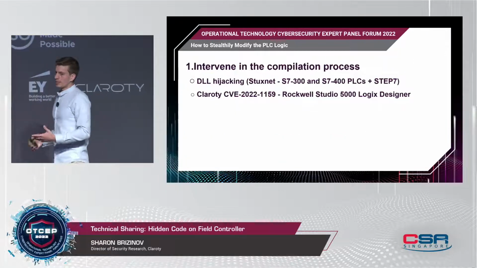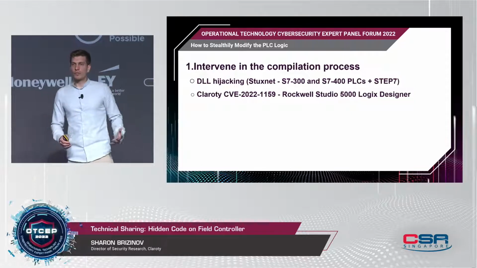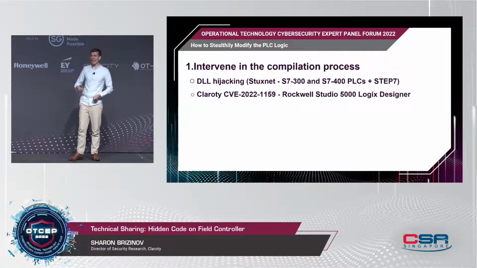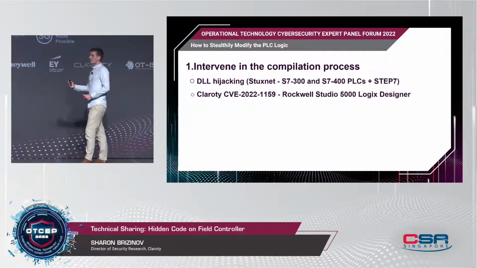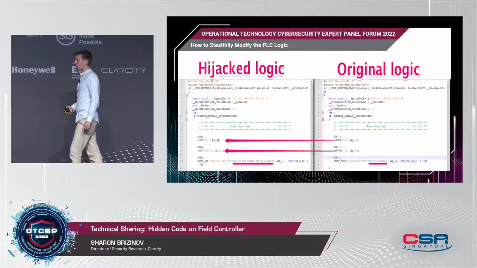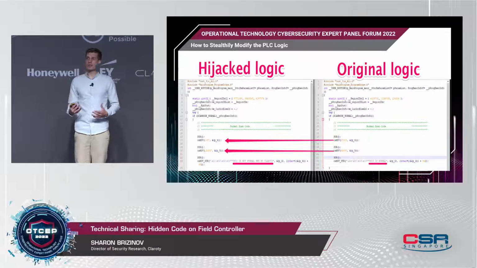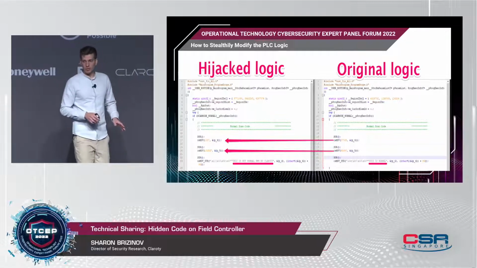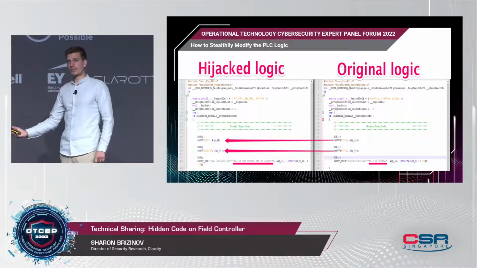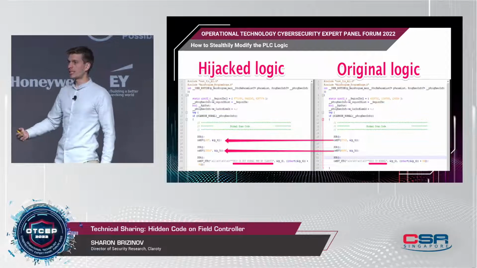So what we did is something very similar. We took Studio 5000, the compiler of Studio 5000, and hijacked it. We actually modified the compiler running on Studio 5000 and replaced it with our own compiler. And our own compiler did something very simple. Once it got a text code to compile, it replaced some of the variables inside the text code.